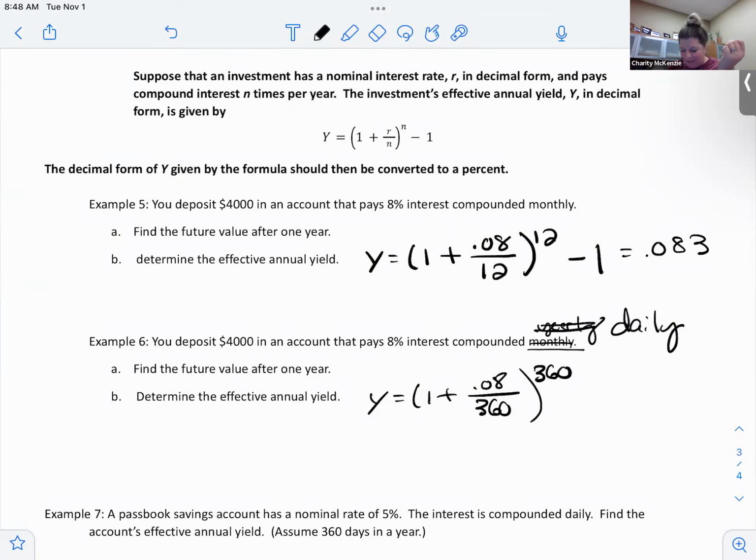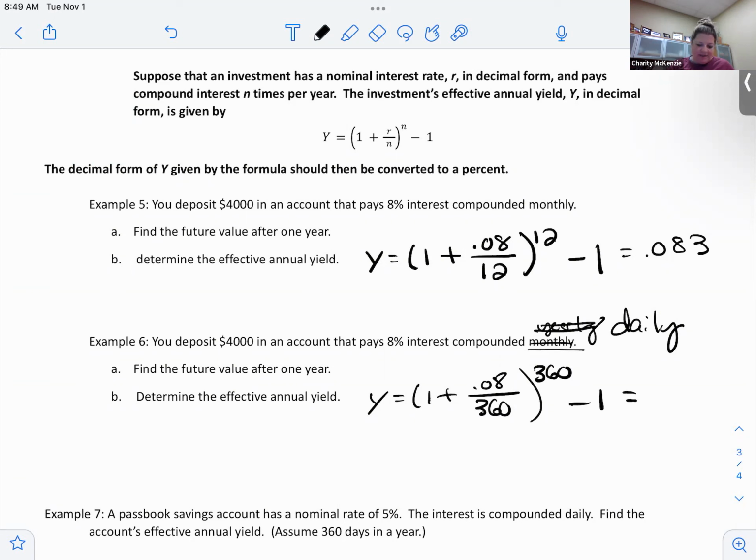All right. And one we haven't used yet is daily, and then minus 1. We haven't done quarterly either, which is a 4. A lot of these problems have monthly. Why? Because monthly is the most common. Okay, so we're going to do daily, not yearly. 1 plus 0.08 divided by 360, to the power of 360.